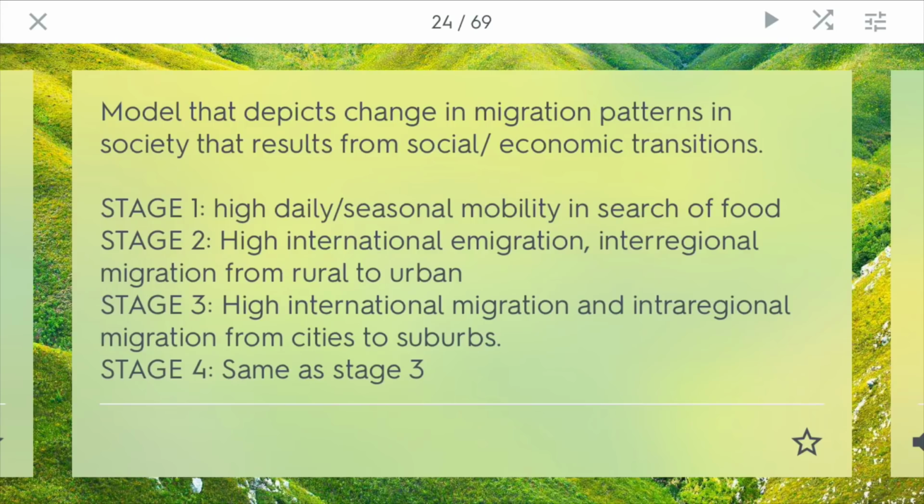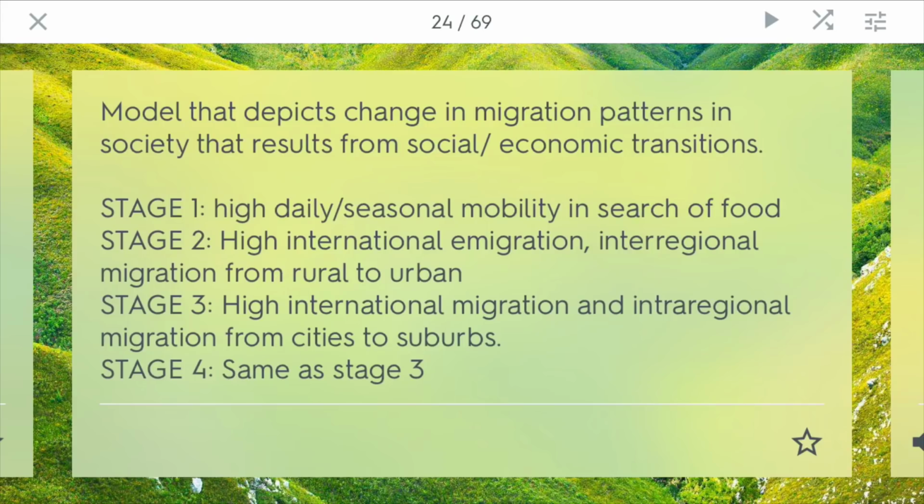And then stage 2, they transition to high international emigration, so leaving a certain place, and interregional migration from rural to urban. They might go to nearby cities in the same region, but a little bit farther to seek new opportunities. Stage 3, high international migration and intra-regional migration from cities to suburbs. So this is when people start expanding and seeking bigger opportunities.